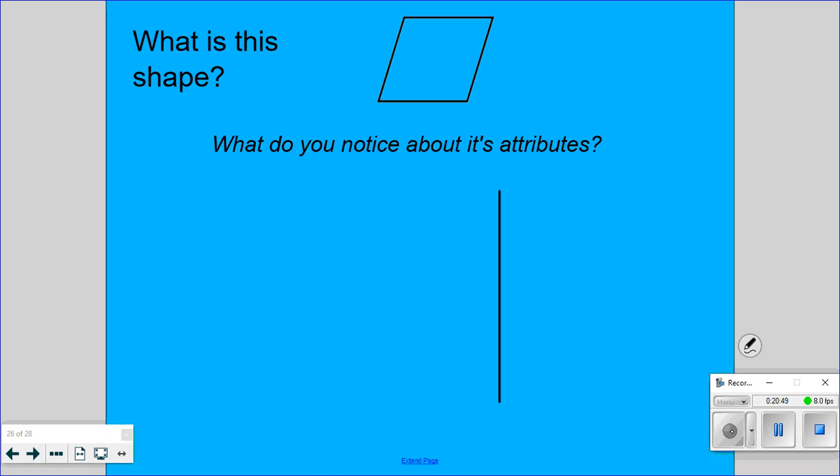All right, what do we notice about its attributes? What characteristics do you see on that shape? Not a trick question. What do you notice about that shape? Devin? We have two sets of parallel sides.